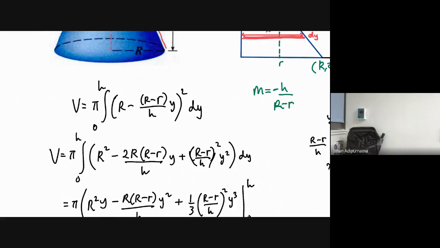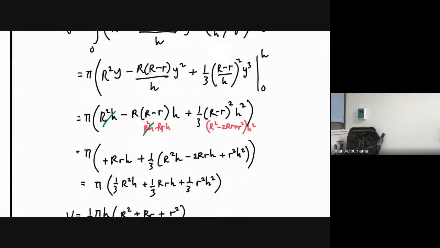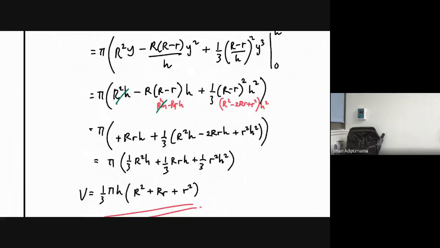Solve, and then we simplify the form, and we get the results. You get the results here. It's quite long. I think if you are just using the geometric volume, that will be faster, and it's the same answer.